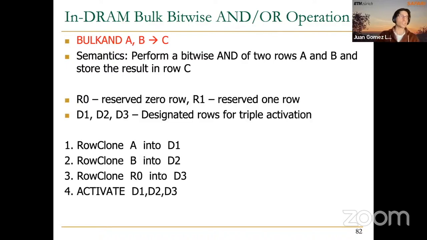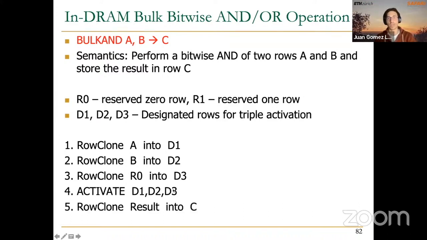So we would first move data using RowClone to some specific rows, let's say compute-enabled rows, that can be activated at the same time. After moving the rows using RowClone to these 3 compute rows, we activate the 3 rows at the same time, and then we obtain the result, which in this case is the bitwise AND of all the bits in the rows.